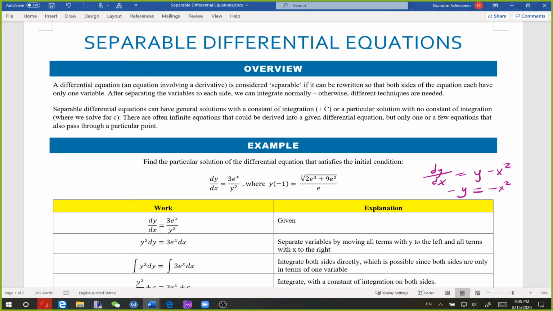And so when I do, I've got a mixed term here that I can't get rid of.